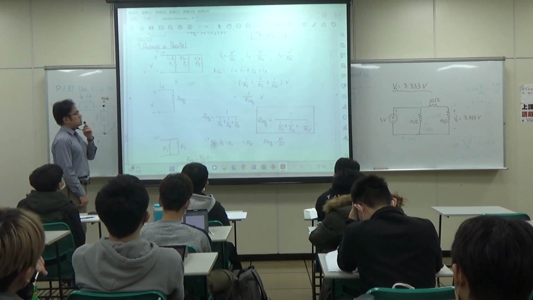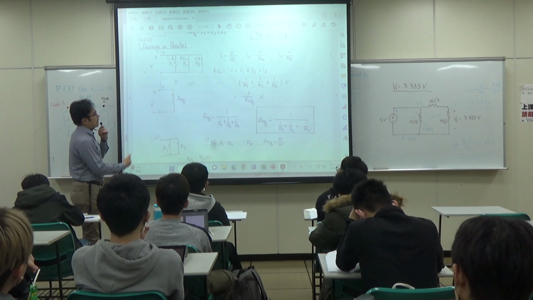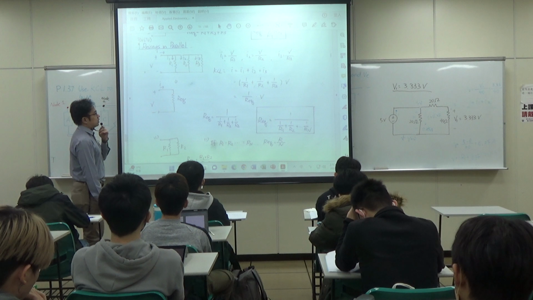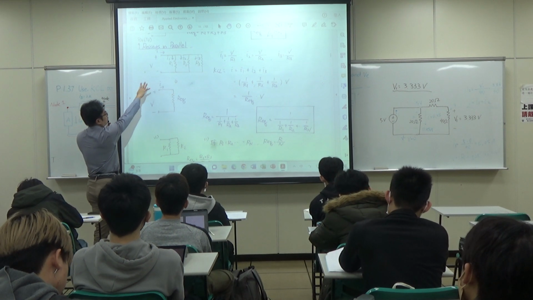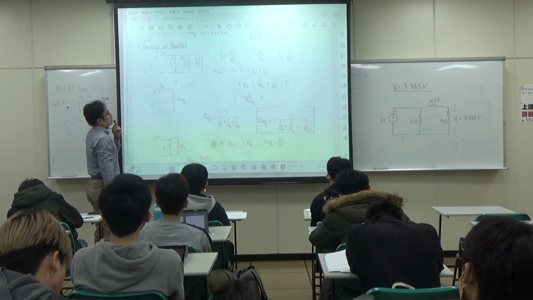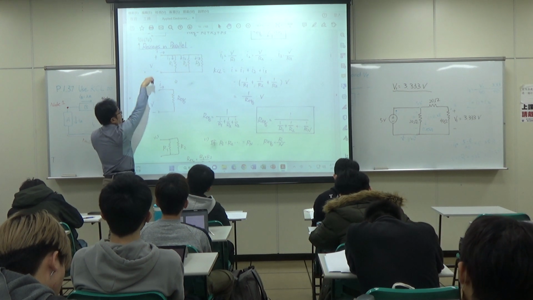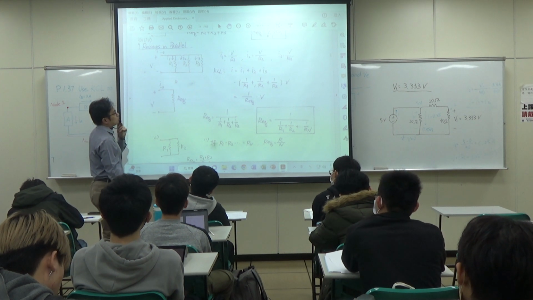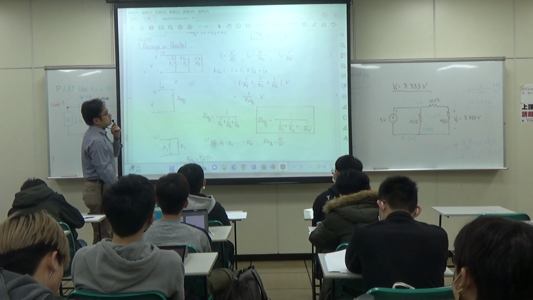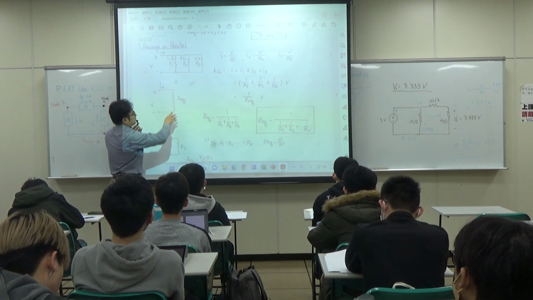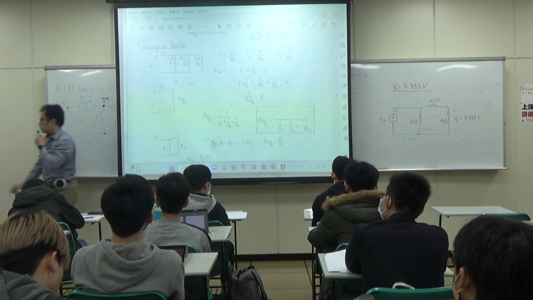For resistors in parallel, we have R1, R2, R3 in parallel, and we assume that we give it a voltage, and the currents flow from top to down. And we have I1, I2, I3.